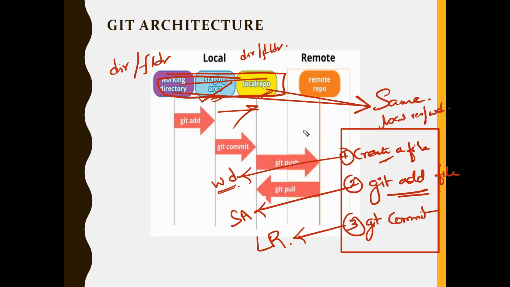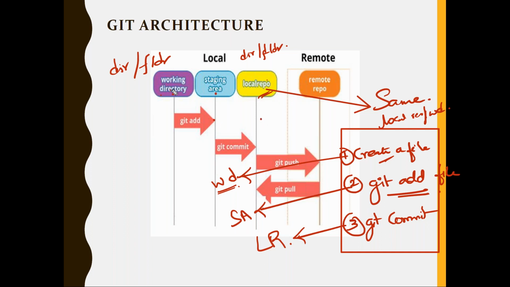Preeti, I have one question here. So you mean that the file which is already committed in Git will be the only one pushed to the remote, right? And the uncommitted file will not be pushed, right? Correct. See this diagram. From the working directory, you have to move to staging.